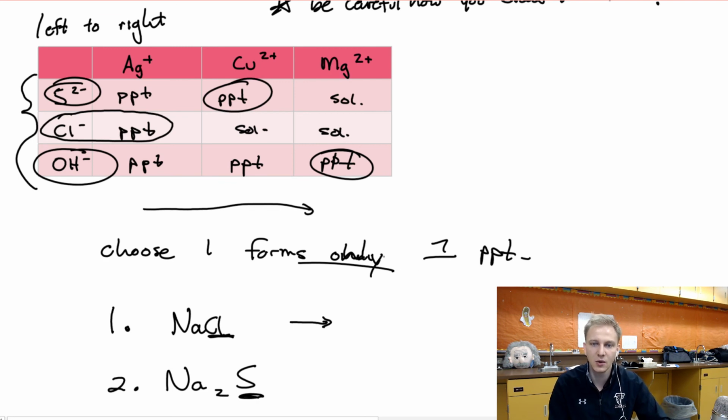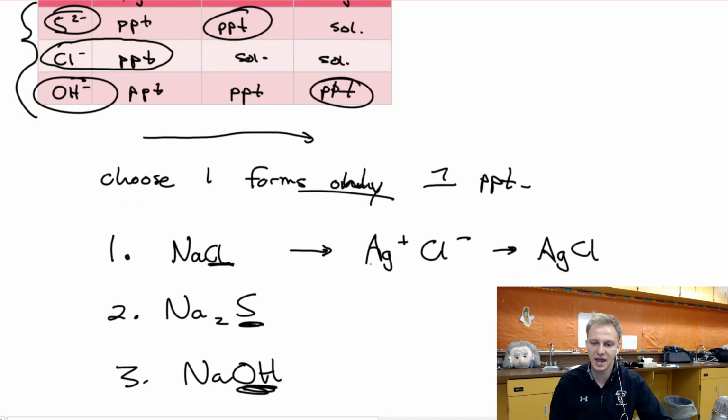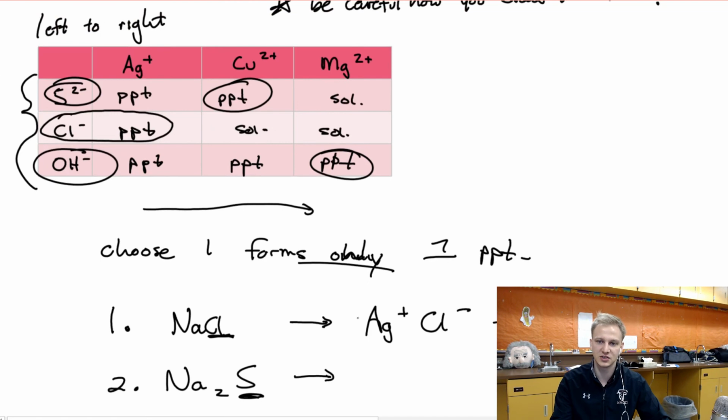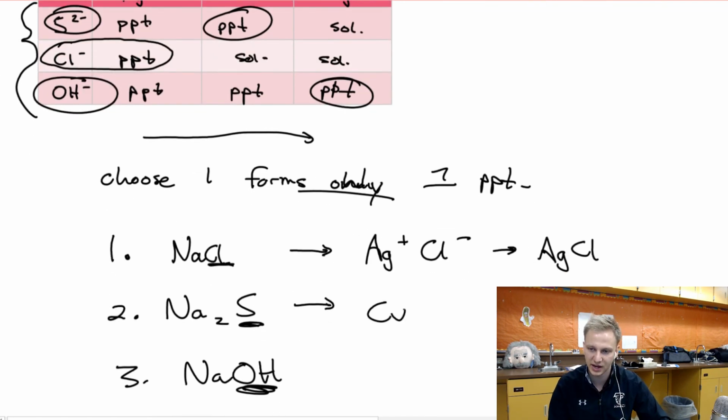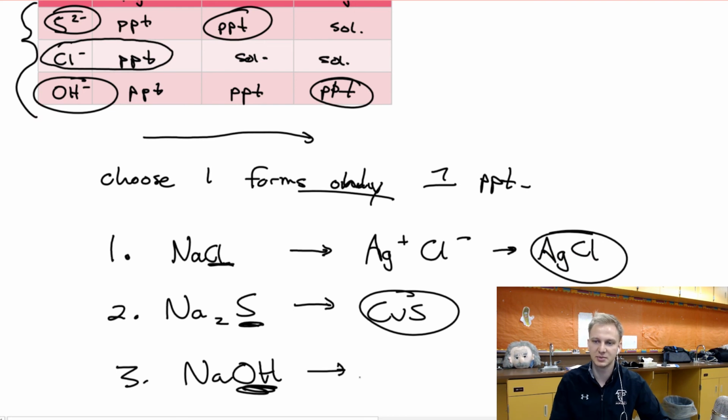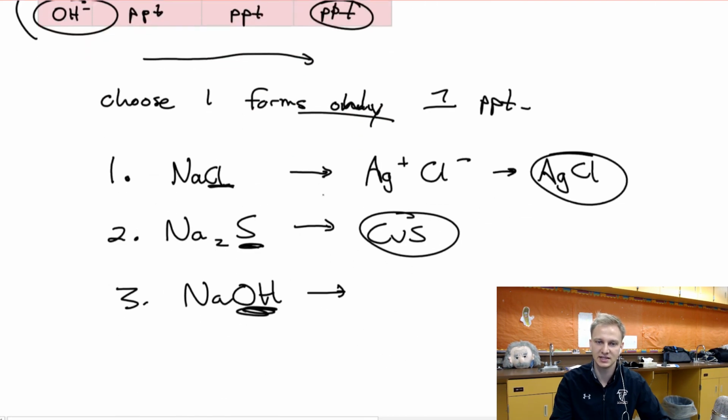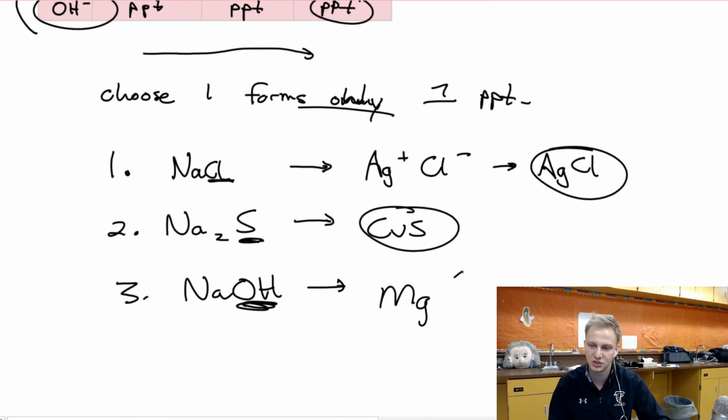We're going to combine that copper and the sulfide. We're going to combine the Ag and the Cl. So Ag plus Cl minus, that goes to form AgCl when we swap and drop. With the Na2S, sulfur has a 2 negative, copper has a 2 plus, we're forming a CuS. And then the last precipitate that we're forming is this magnesium and hydroxide, so Mg(OH)2.